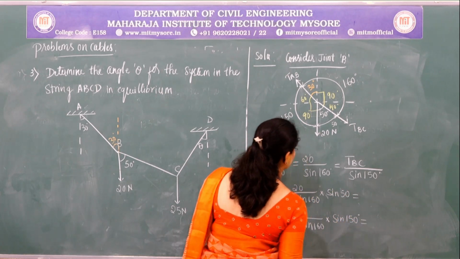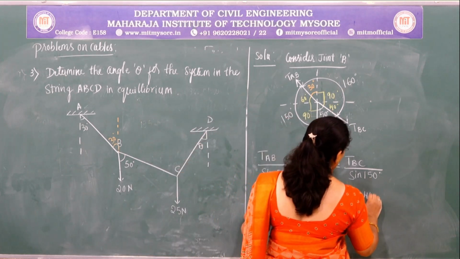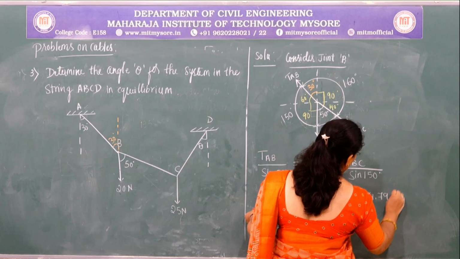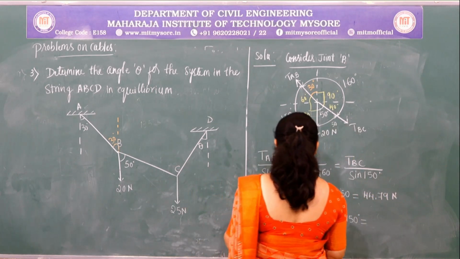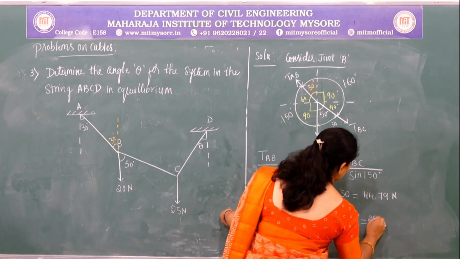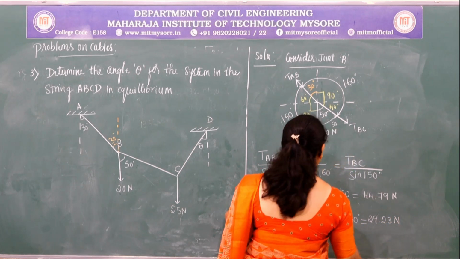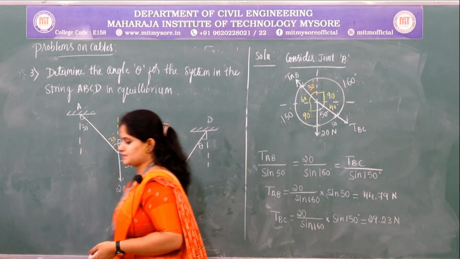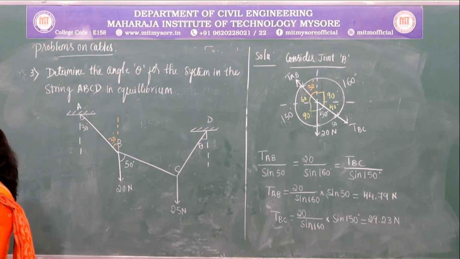So on solving this, we are going to get the value as 44.79 Newton for TAB, and for TBC 29.23 Newton. So now let us consider the next joint, that is joint C.